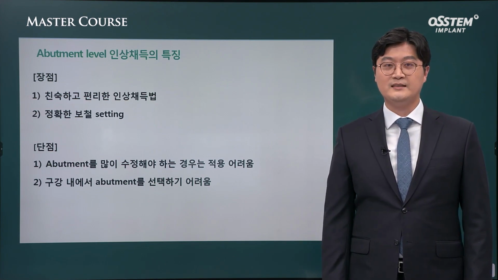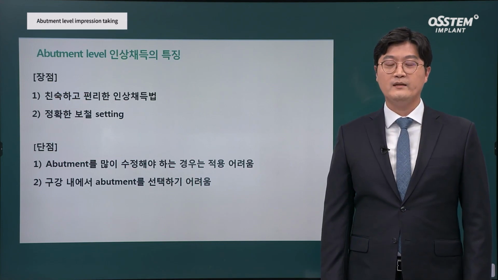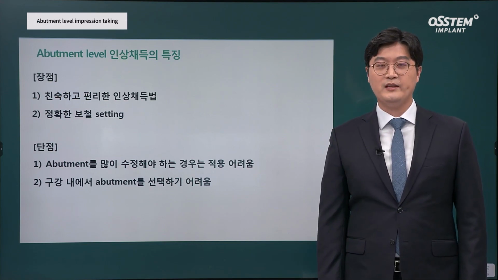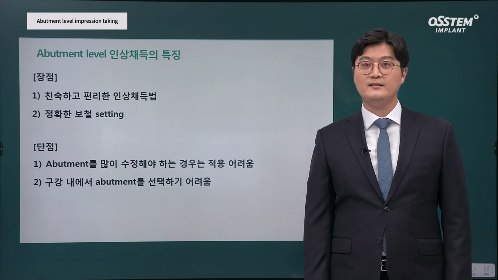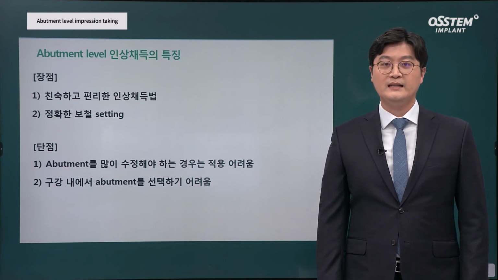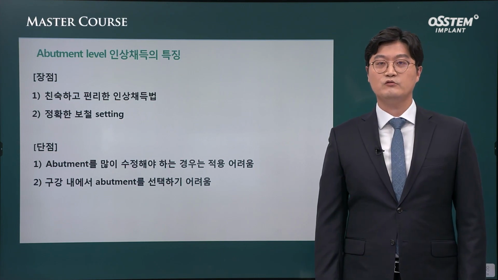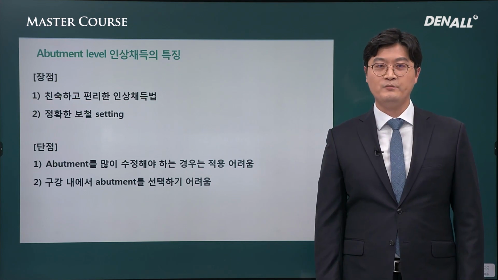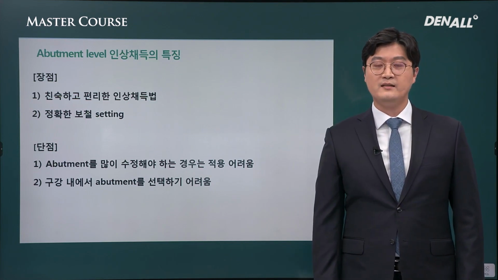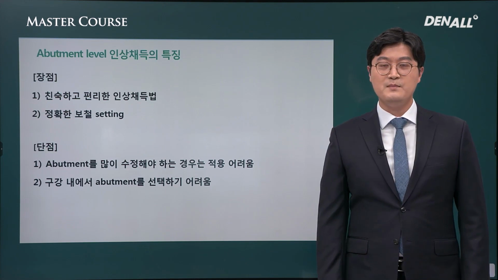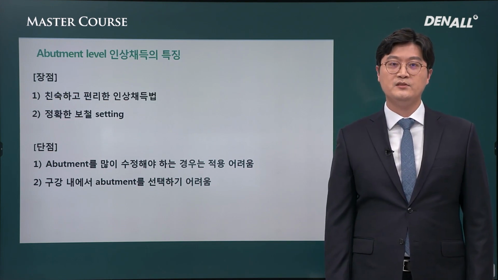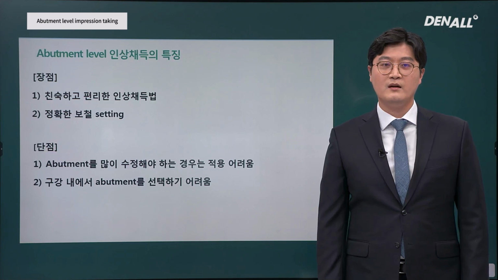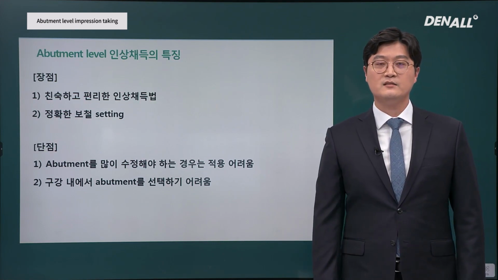Advantages include it is a familiar and convenient method, as it is the same as taking a natural tooth impression, and prosthetic setting can be made very accurately. Disadvantages: if an abutment needs to be modified quite a lot, this abutment level impression taking is not appropriate. Depending on the depth and angulation of an implant placed, the selection of abutments can be different, and it is not easy to choose an abutment in the mouth.